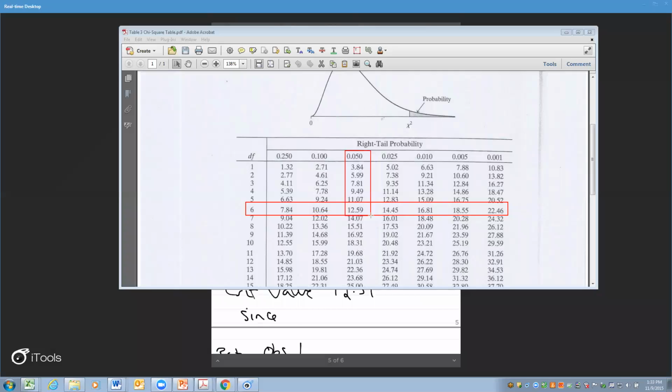And since 28.889 is greater than 12.59, we reject.